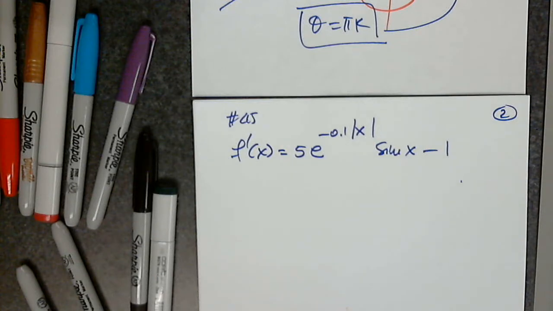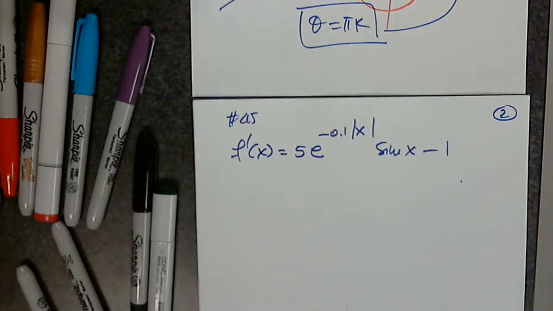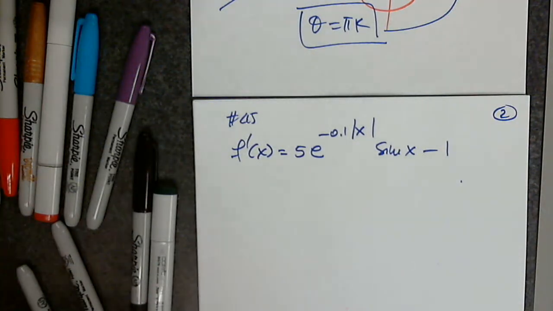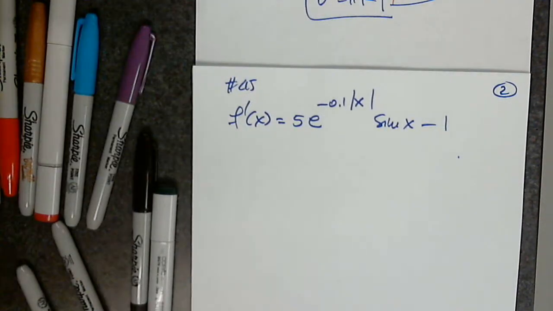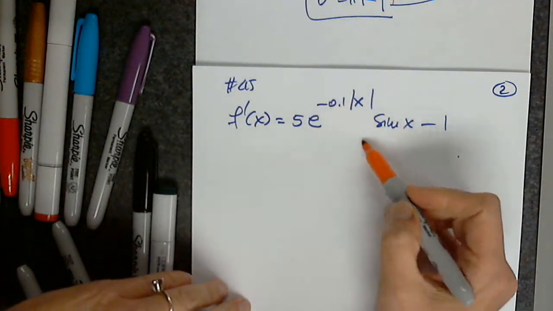First, I'm looking at this function. I don't see anything that will create an undefined situation, right? So let's look at the two options for the absolute value of x, and let's analyze when this is 0 and potentially undefined. We'll see in a minute, but I don't see any. This is always defined.